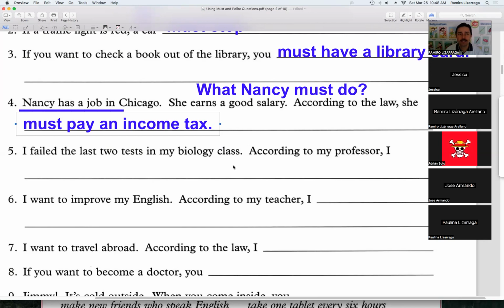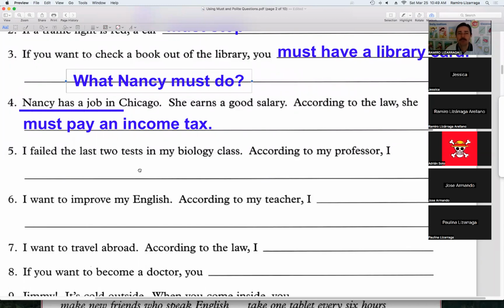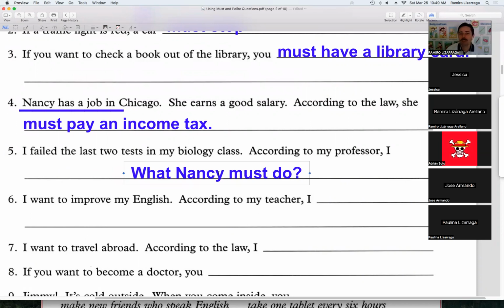Bueno, entonces, number 5. Fíjense, se las voy presentando. O sea, vean cómo en preguntas podemos incluir la palabra must. Y no solo el what, puede ser el where, el when, el why. O sea, podemos incluir el must en nuestro vocabulario de preguntas, ¿sí?